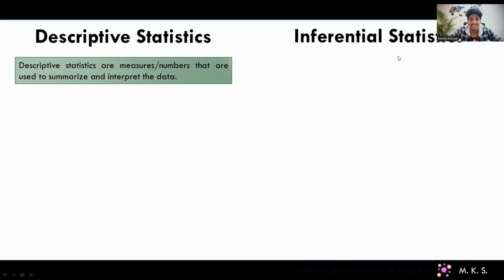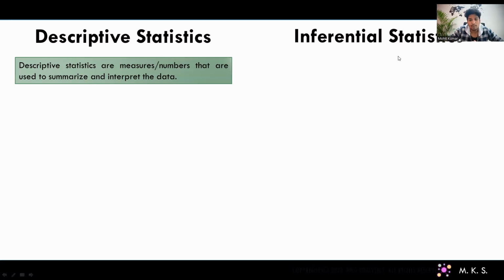Whatever data set you are working with, whether it's a sample or a population, it tries to explain the characteristics of that data and give you meaningful insight from that data, right?